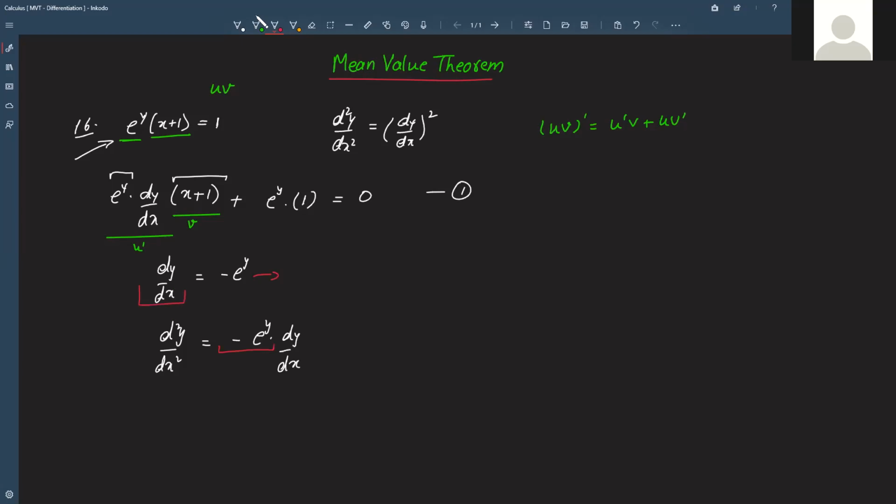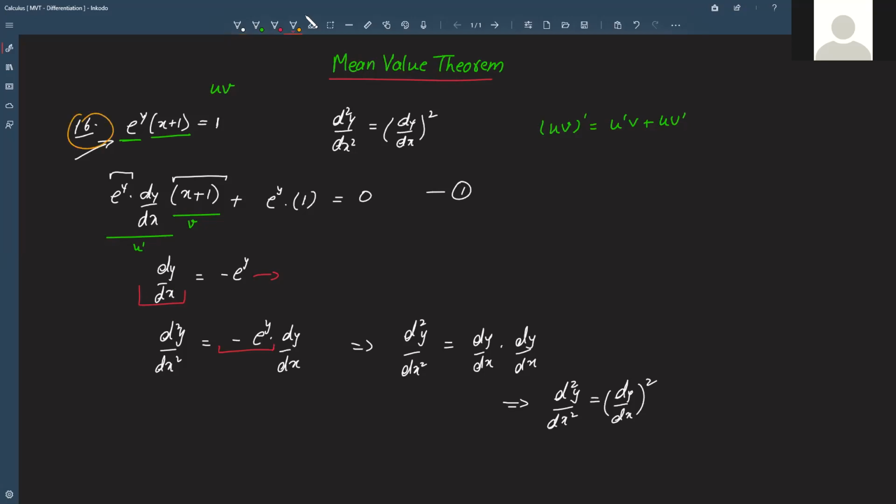So I can say that d square y by dx square is equal to, instead of minus e to the power y, I write dy by dx, and next anyways we have dy by dx. So this gives us d square y by dx square is equals to dy by dx whole square. That's what we had to prove. So that was the 16th question.